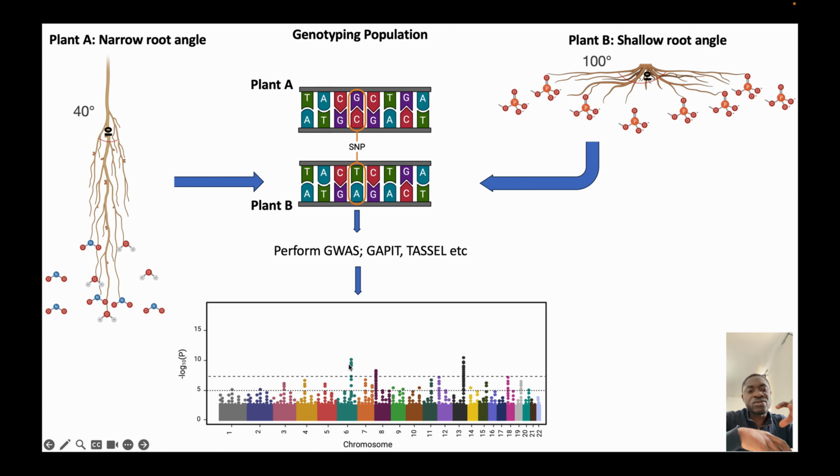What you're going to do is collect all these significant SNPs, annotate these SNPs, and check what genes these SNPs are falling within. Are the genes these SNPs fall within annotated for biological processes that may be involved in controlling your trait?